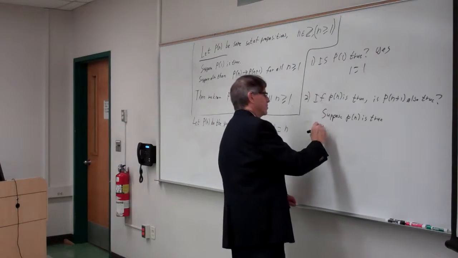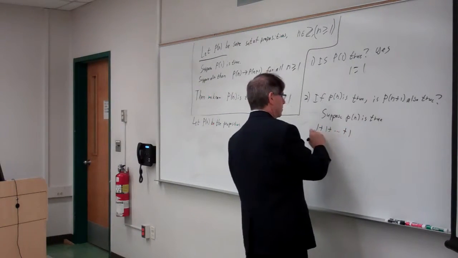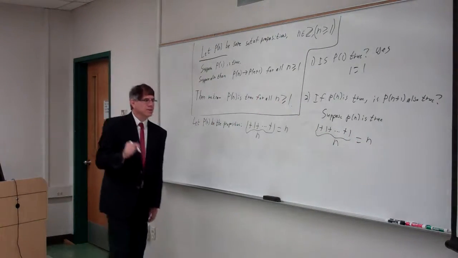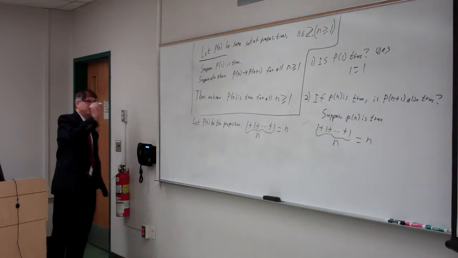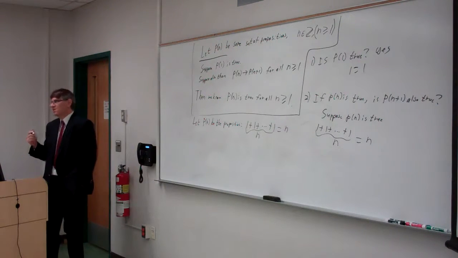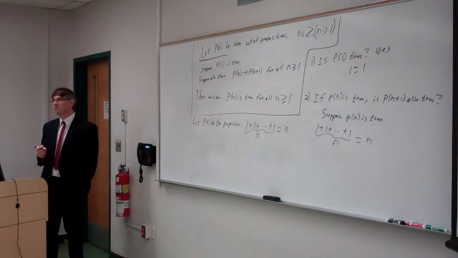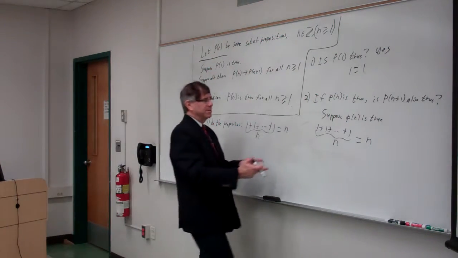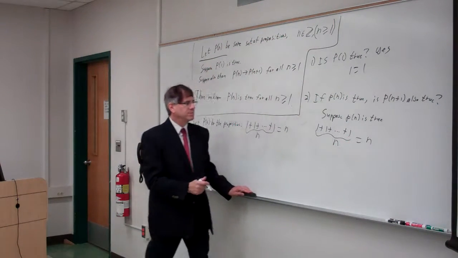So 1 plus 1, n times, is equal to n. How do we know that that's true? Because that's what P of n says, and we're starting by assuming P of n is true. So since P of n is true, this is a true statement.